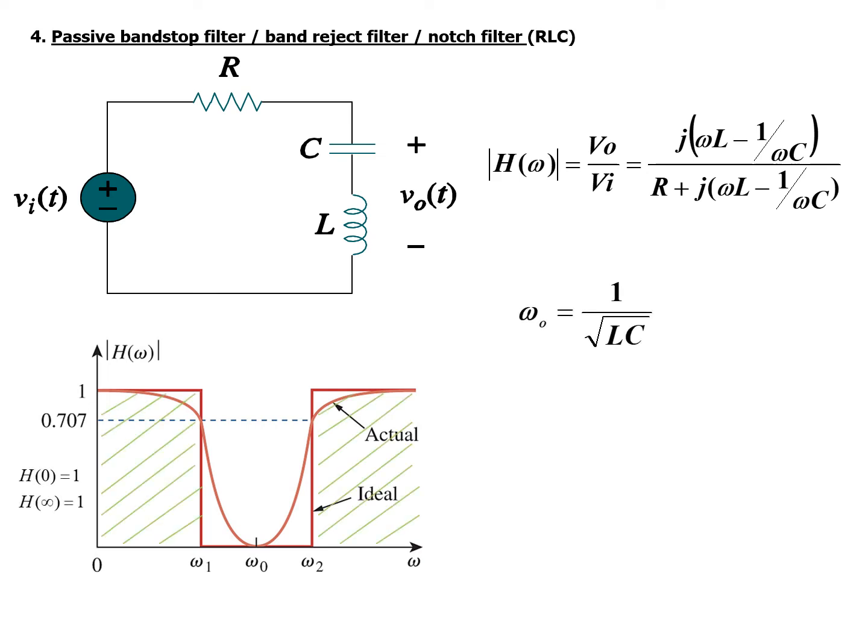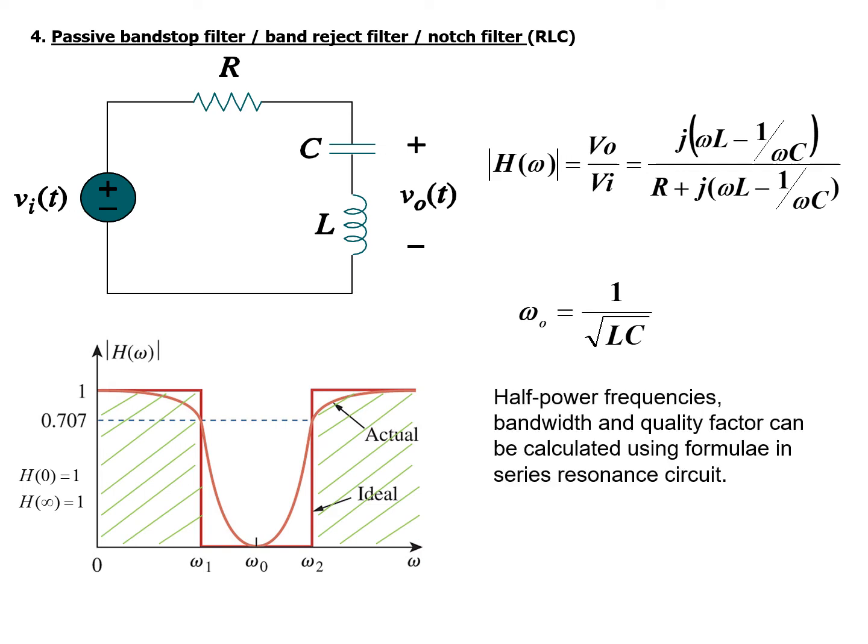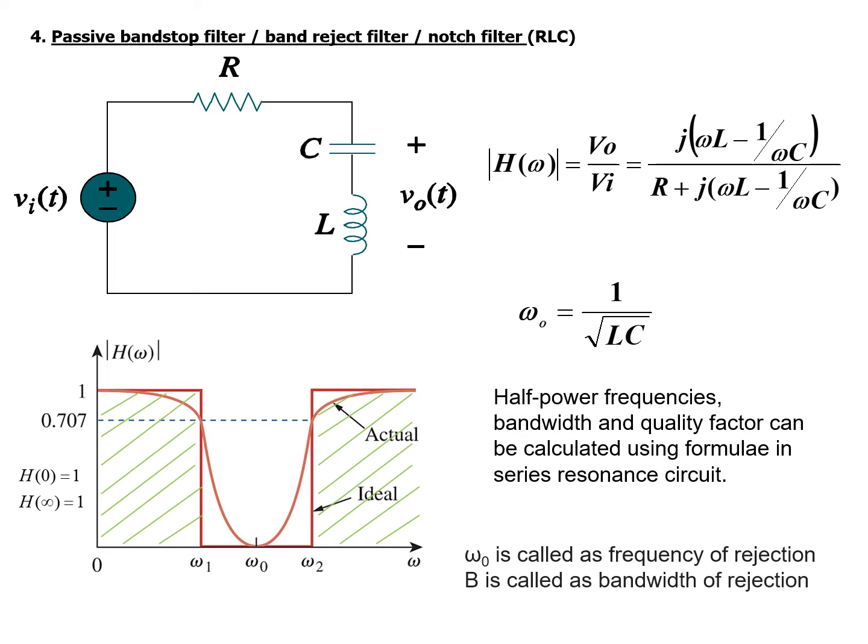The resonant frequency omega 0 is 1 over square root of LC, and bandwidth and quality factor can be calculated using the formulas that we learned before. Omega 0 is called the frequency of rejection, and B is called the bandwidth of rejection.